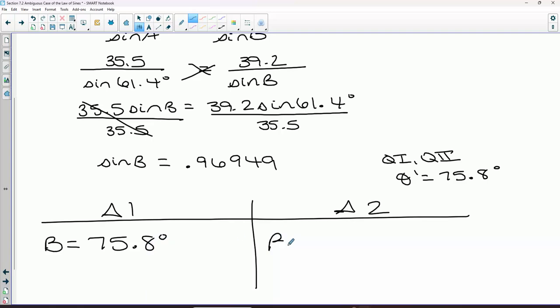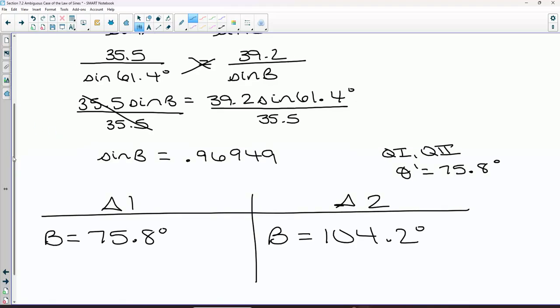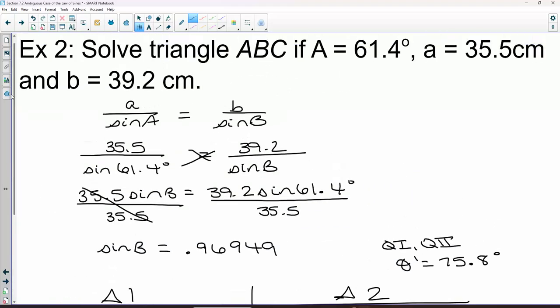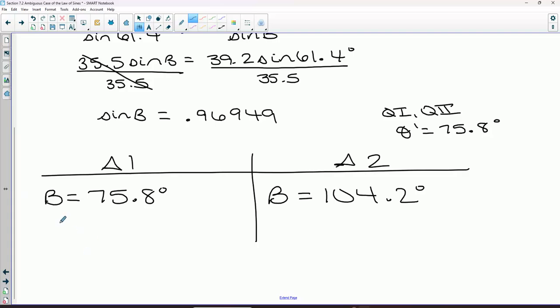How would you place 75.8 degrees in quadrant 2? So if you subtract those, you would get 104.2 degrees. All right. We had angle A originally. So now we should be able to find angle C for each of them.